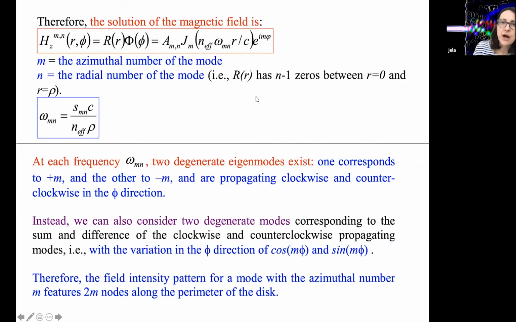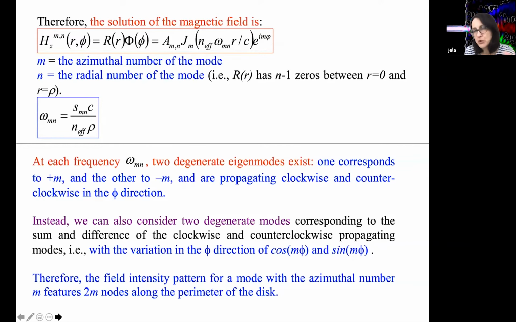Or if you are interested in coupling to that disk from outside, from a propagating mode of a waveguide or a fiber, as we'll see in a moment, then you would prefer to work in a propagating mode basis, because you may be able to launch only the clockwise or counterclockwise mode, depending on how you're exciting the system. It really doesn't matter, both bases are equivalent. You just pick the one that works better for your problem.